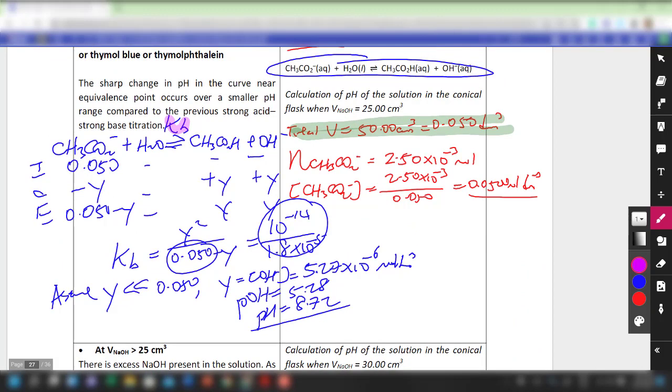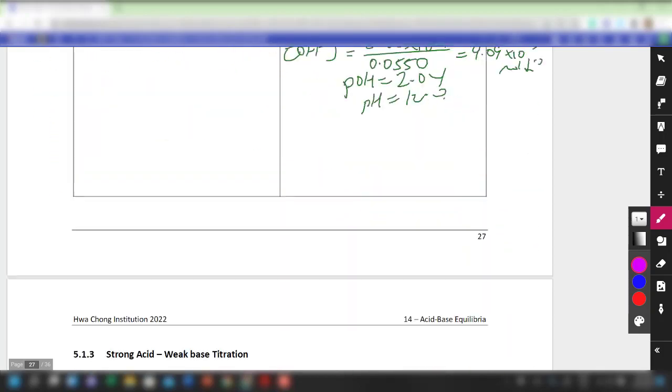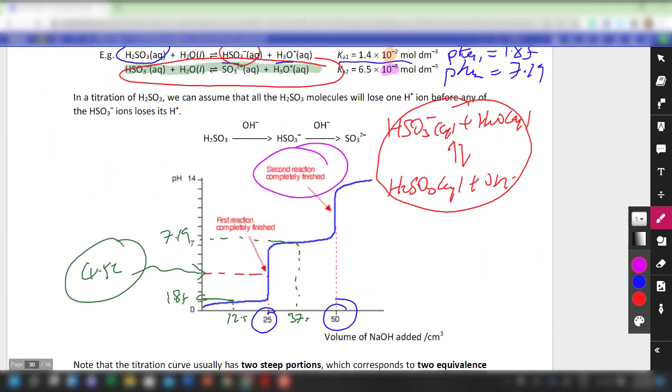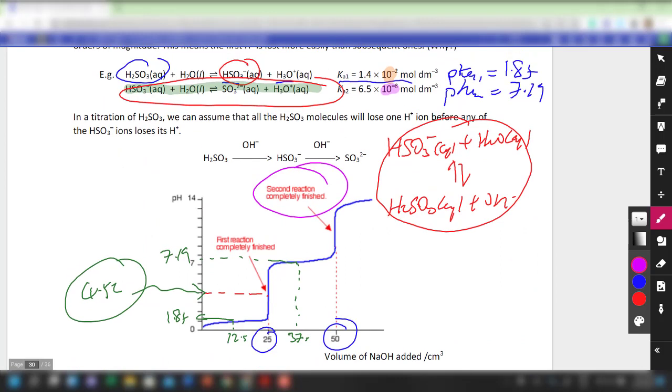However, you need to choose the correct pKa associated with SO3 2 minus. So you should be choosing pKa2, and therefore you need to calculate this pH by looking at the correct pKb1.